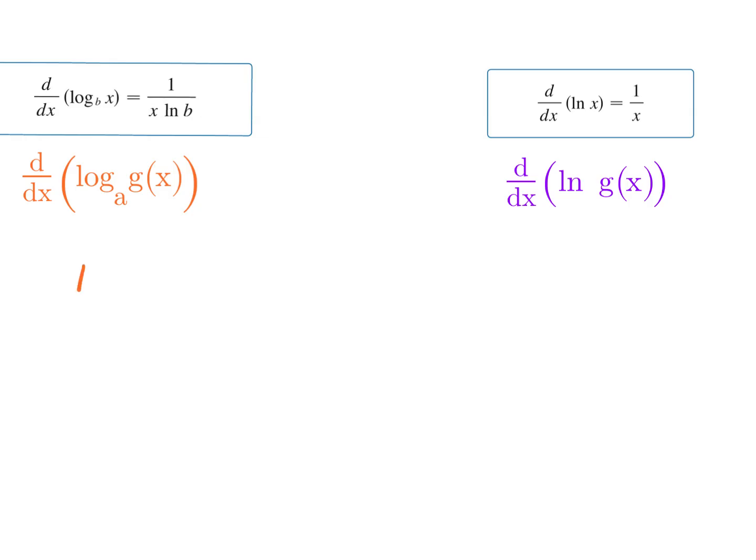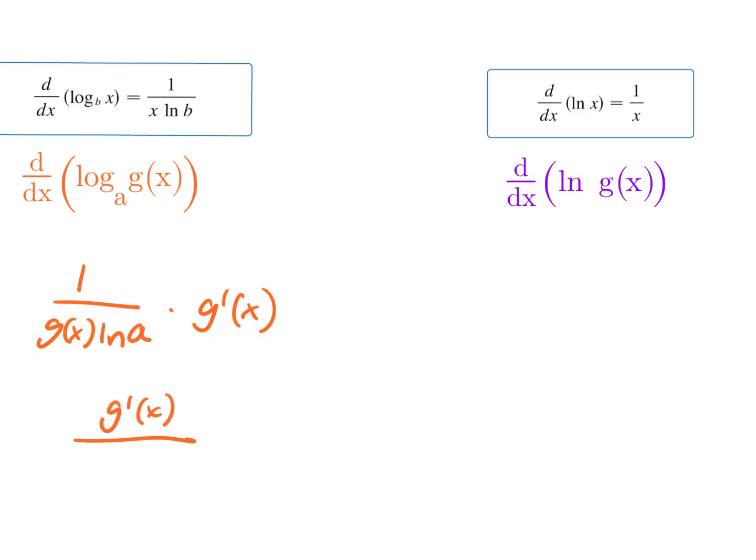I'm going to go 1 over g of x, which goes in place of the x, times the natural log of a. But I also have to multiply by the derivative of that function because of the chain rule. So in the end, what I end up with when I have log base a of a function is the derivative of the function over g of x times the natural log of a.